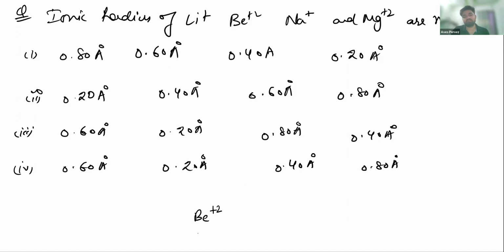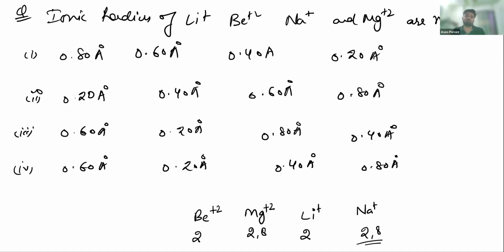Then after that, it is going to have 2. Then we have magnesium 2 positive, which is going to have 2, 8. Then we have lithium 1 positive, which is going to have 2. And then we have Na+, which is going to have 2, 8 electronic configuration.